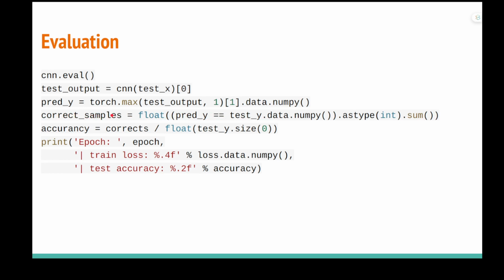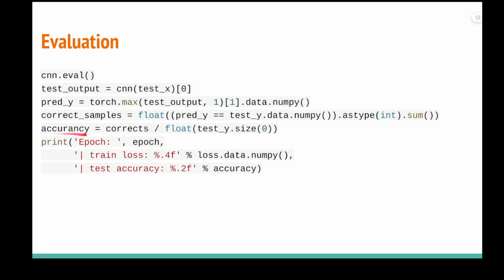Then we divide the correct samples by the number of samples in the test data set to get the accuracy. That's the typical way we calculate the accuracy of the system. Of course, there are a number of ways to do the same thing. This is just one example. You can use your own way to calculate the accuracy of the model.